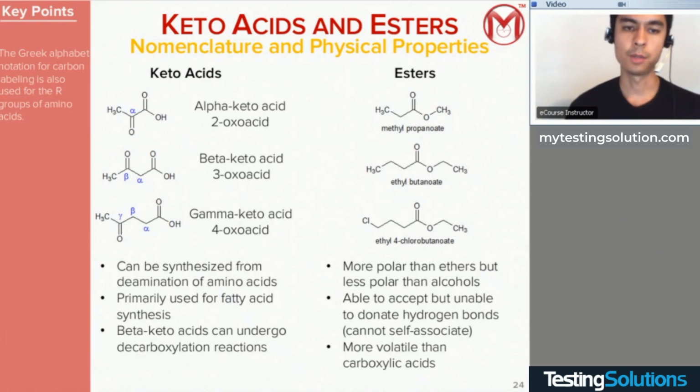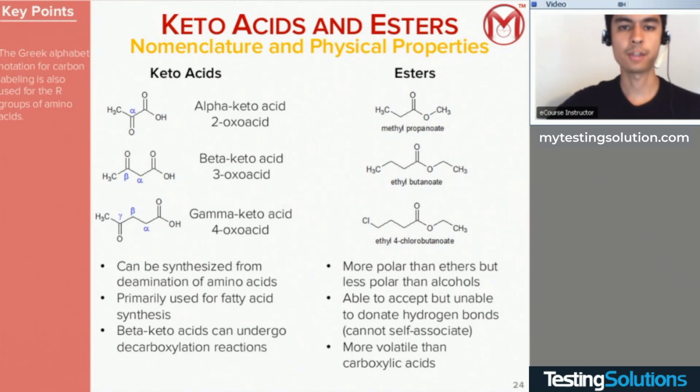Usually used for fatty acid synthesis, and the beta keto acid can undergo a decarboxylation reaction. So the angles there are nice, and what you should just know is that a decarboxylation reaction involves the loss of a carboxylic acid. So you lose a CO2 in the formation of that molecule, right?